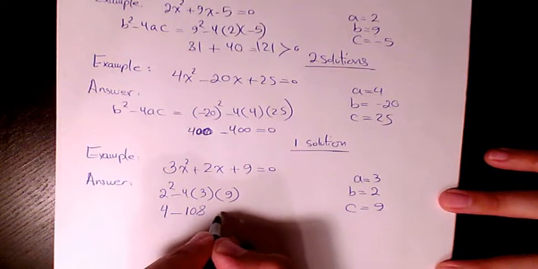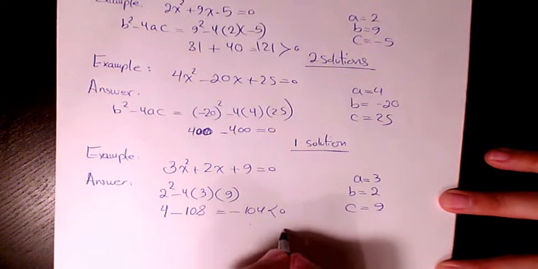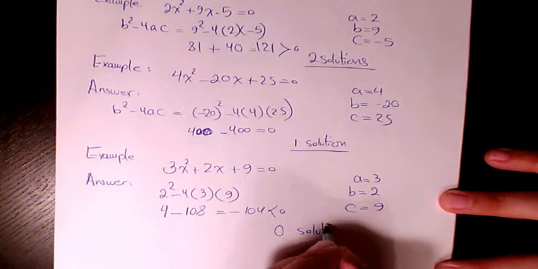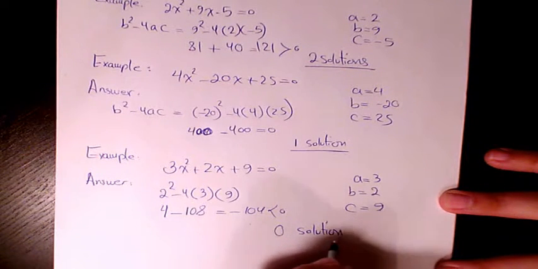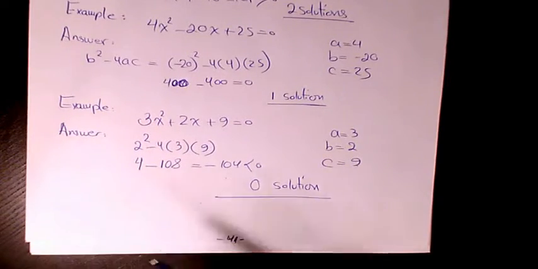So that will be negative 104, which is less than 0, so we have 0 solutions. Next example.